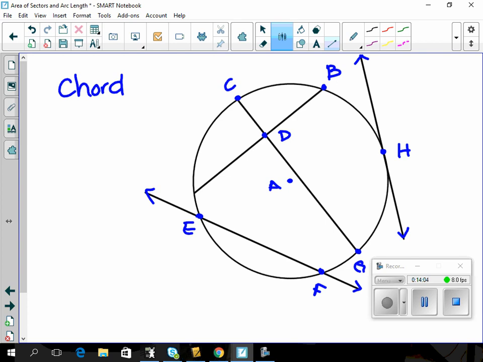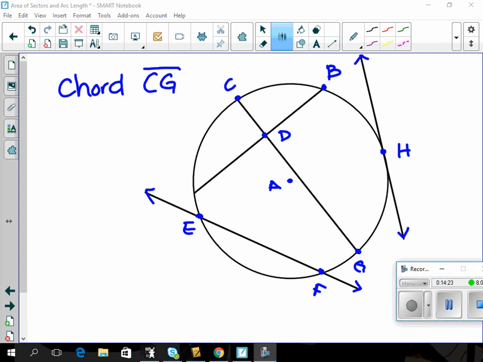So a chord is a line segment, so it's going to have two letters. And where are its endpoints? On the circle, somewhere on it. So would you agree that CG, very good, CG is a chord? Do you see where G is? It's over here, right? So isn't the segment CG a chord? The endpoints are on the circle. Good.